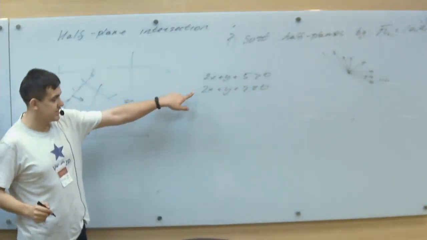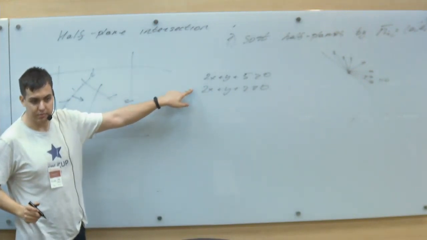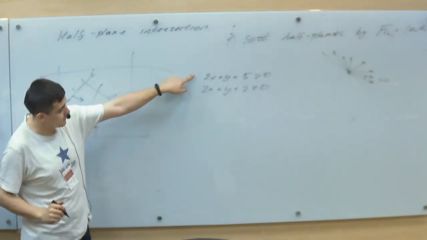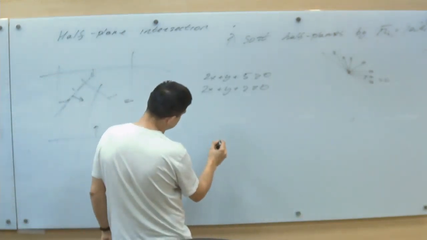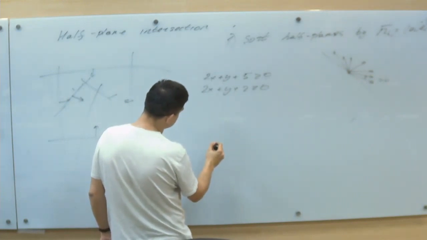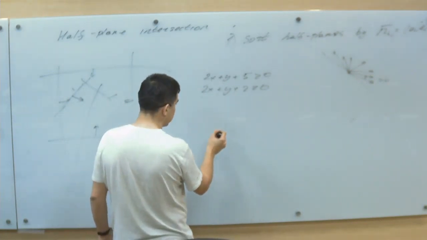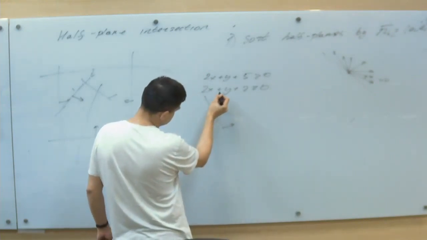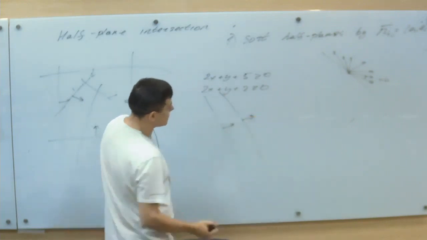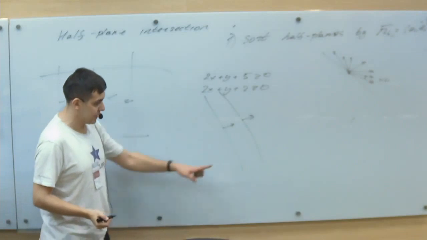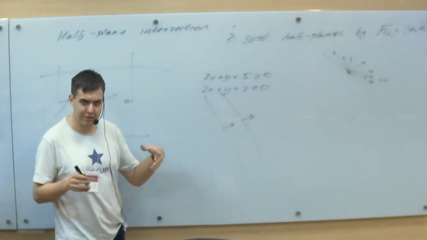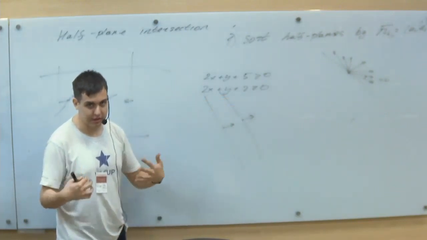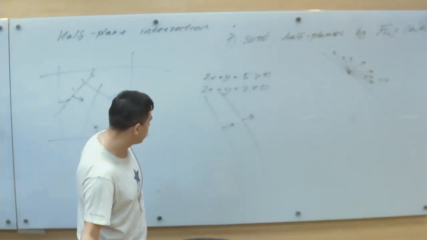Well, the second one is a stronger condition. Since we're looking for an intersection of the half planes, this means that we need to only leave the strongest condition there is.